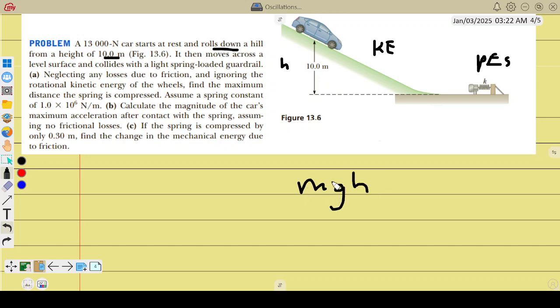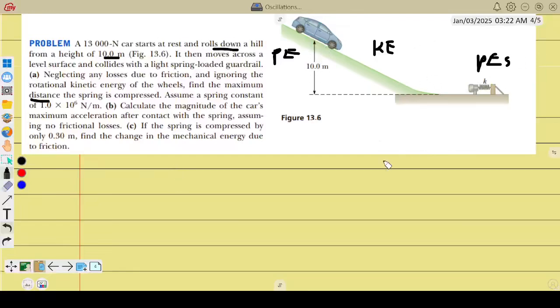They are indirectly telling us that we have potential energy. If you think along these lines, physics should be less stressful. So they're asking us to find the maximum distance that the spring is compressed.